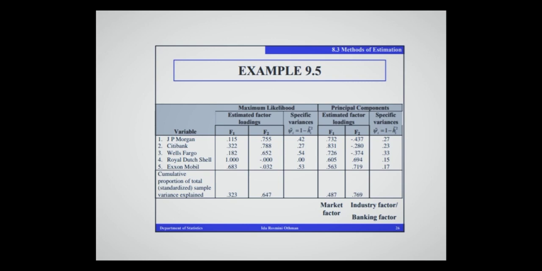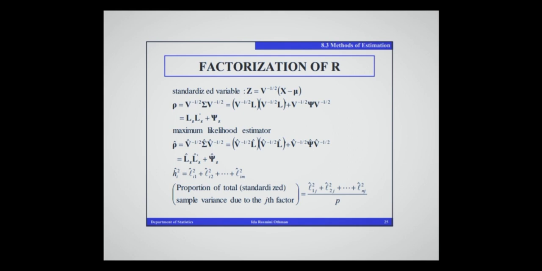Caranya sama saja. And then these two pun sama juga, which is the total. Kat sini dia buat total standardized sebab digunakan value R tadi, correlation. So dekat sini will be, ni formula kan, l_i square sehingga l_ij square divide dengan p.